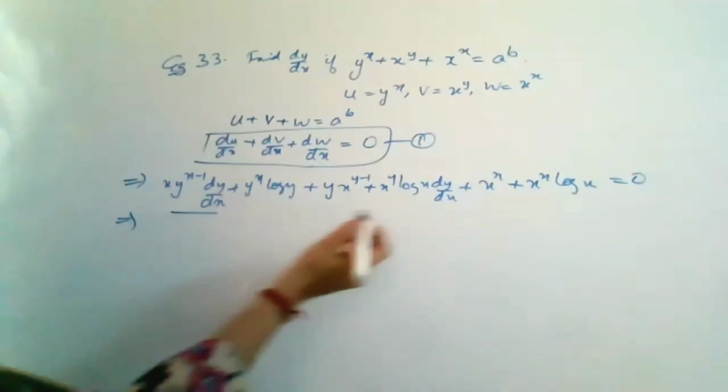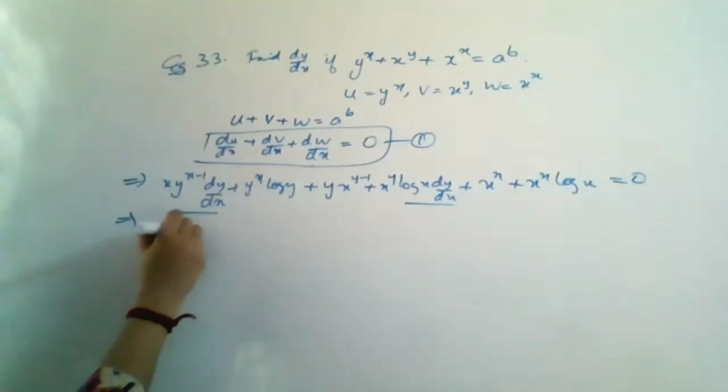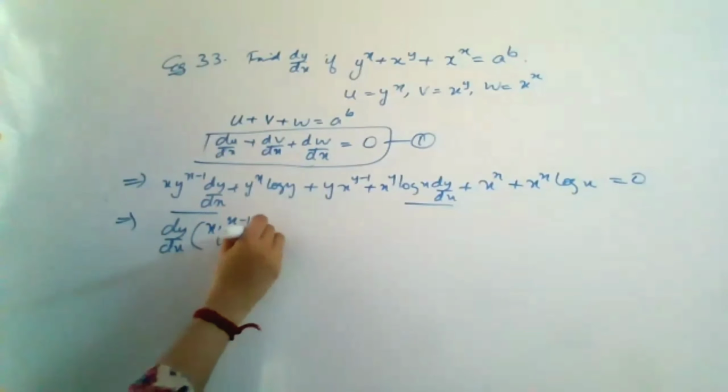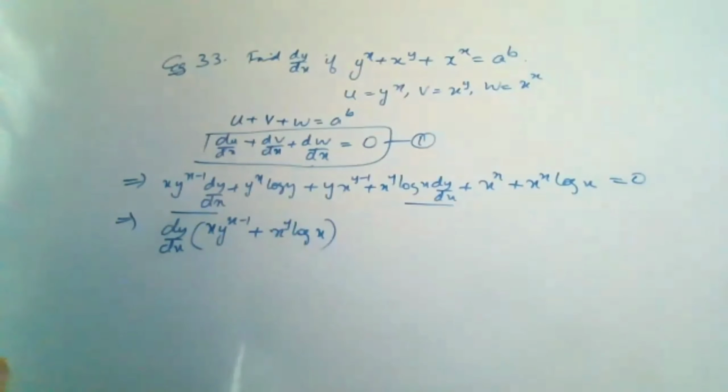Now you have to just collect the terms where you have dy by dx, so that you will get dy by dx into x y raised to x minus 1 plus x raised to y into log x. Remaining all the terms can be taken to the other side.